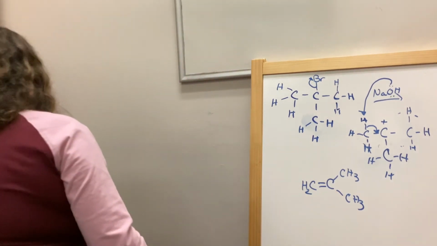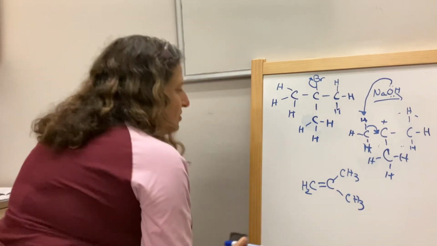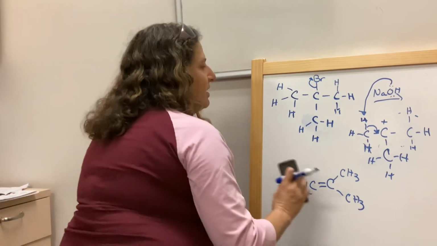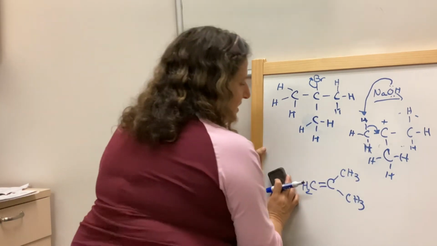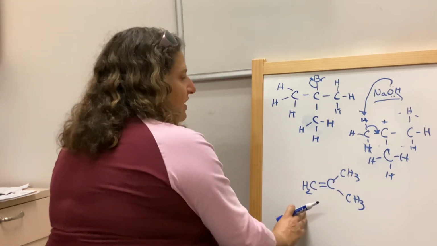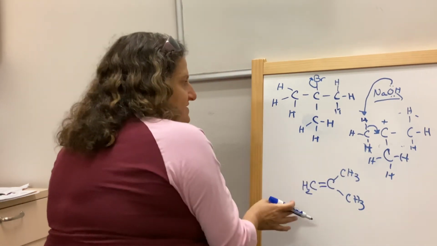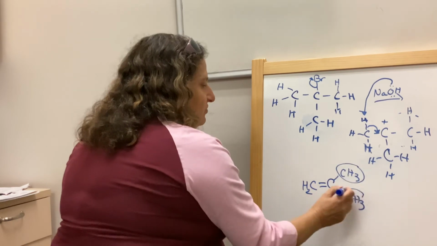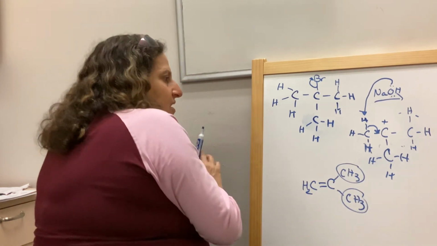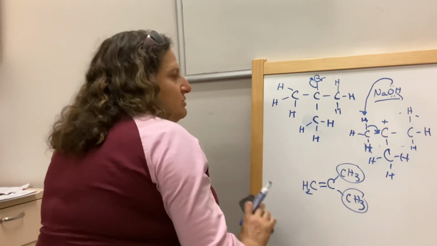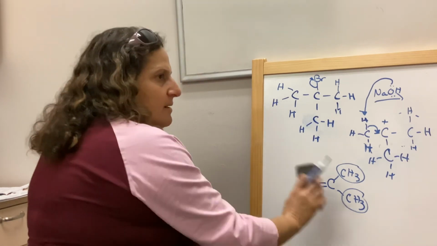But if we have choices, I'm going to talk about how we decide what is the most stable alkene. And notice this alkene wouldn't have cis or trans, right? Because these two are the same and the hydrogens are the same. So I would not have a cis or trans, or E or Z, whichever one you want, diastereomer.